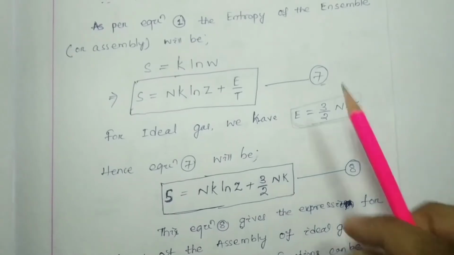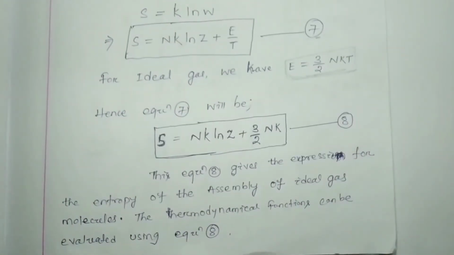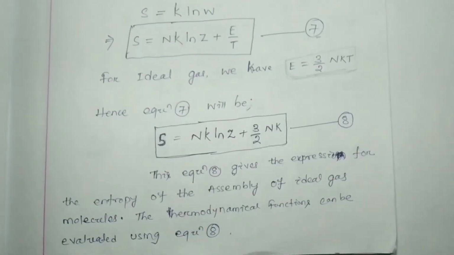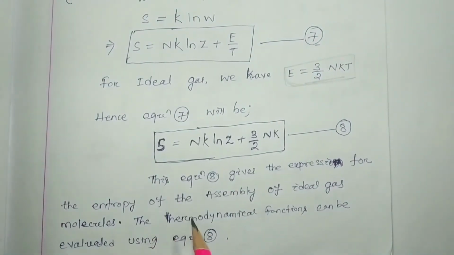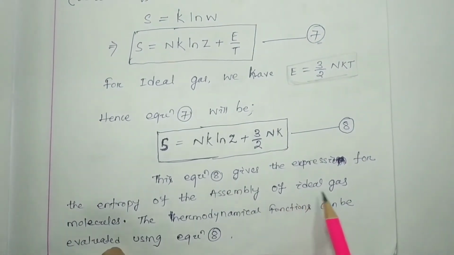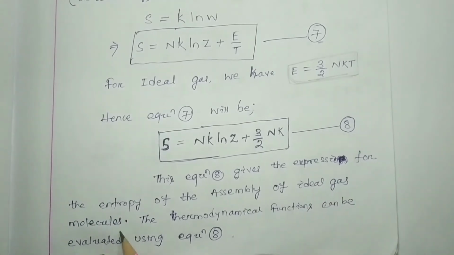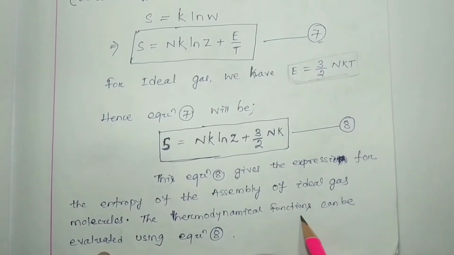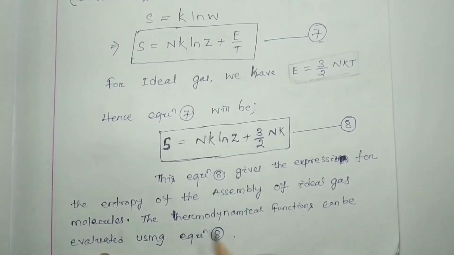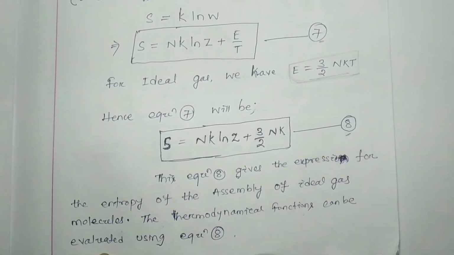Let this be equation number 8. This equation number 8 gives the expression for the entropy of the assembly of ideal gas molecules. The thermodynamical functions can be evaluated by using this equation number 8.